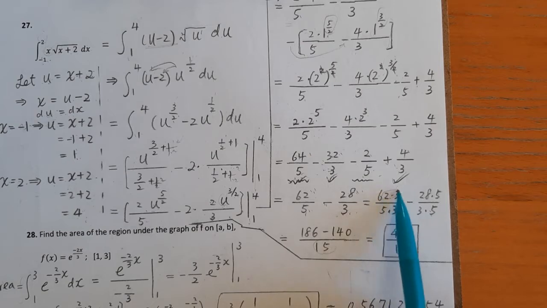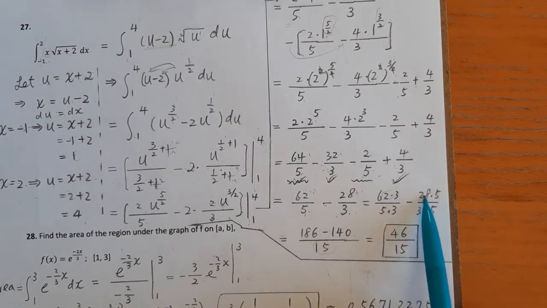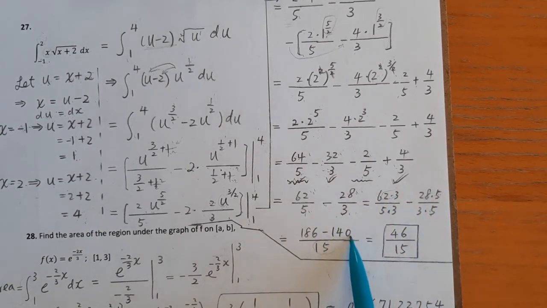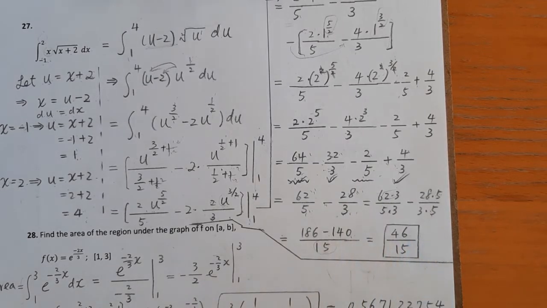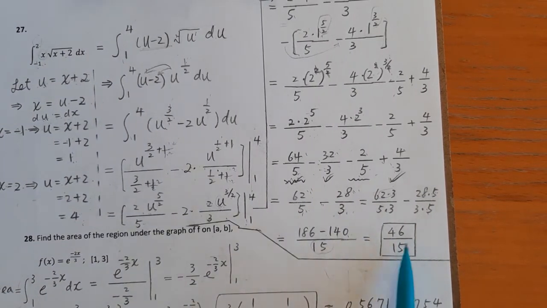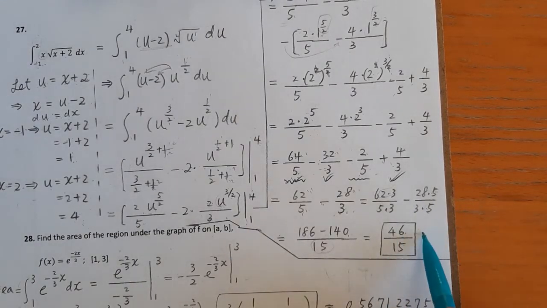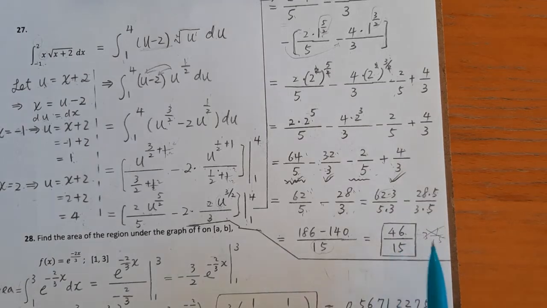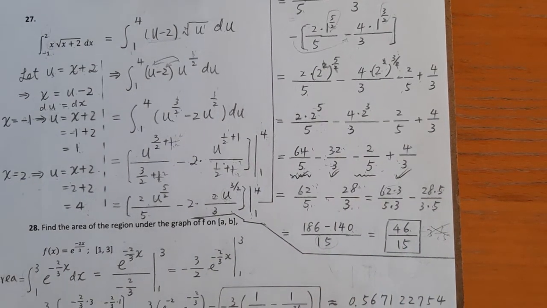Then 62 times 3 is 186, minus 28 times 5 is 140, subtraction gives 46 over 15. Leave the answer like this. You don't need to convert to a mixed number, and you don't need decimals. The improper fraction is the best answer.